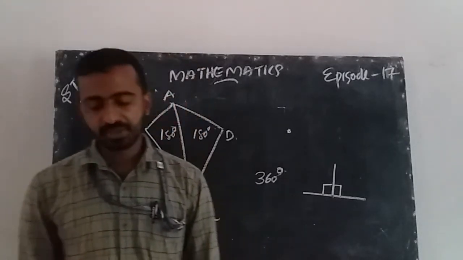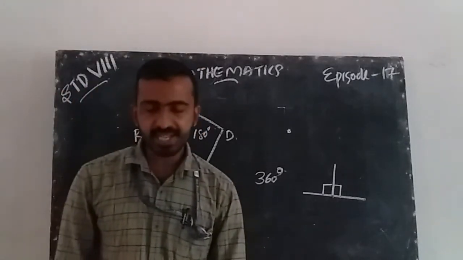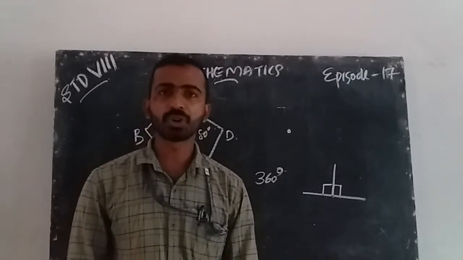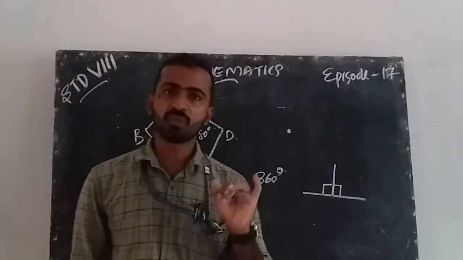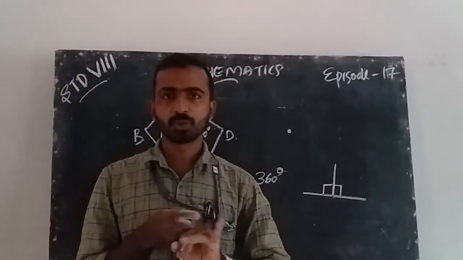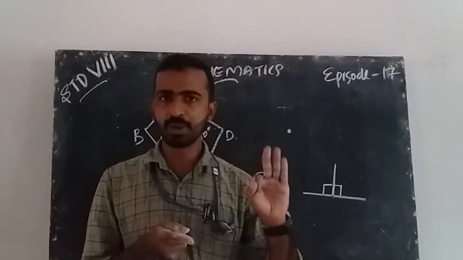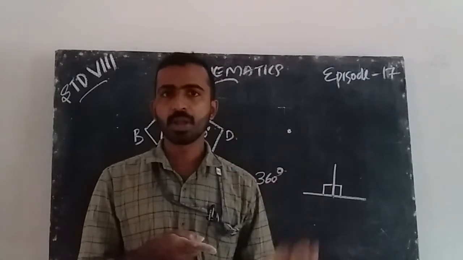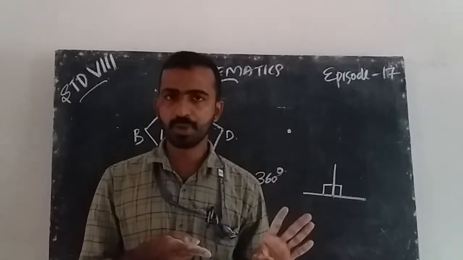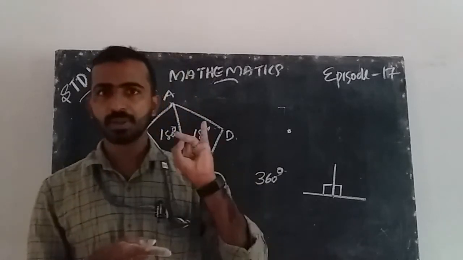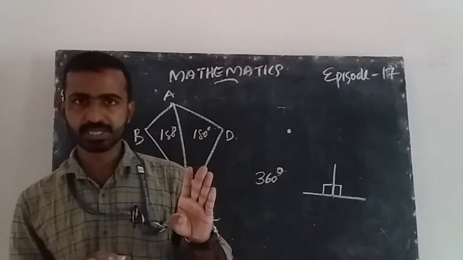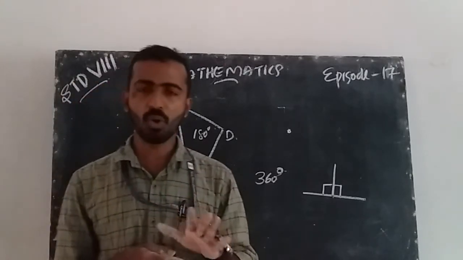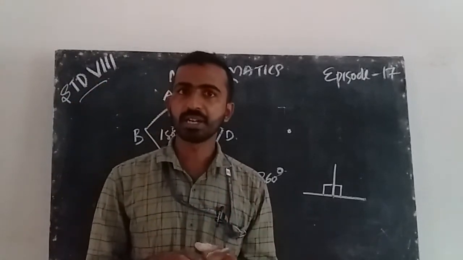Okay. Can we start our exercise 3.1? Are you ready? Now we have discussed convex polygons, concave polygons, simple curve, simple closed curve, not simple, triangle, quadrilateral, pentagon, hexagon, heptagon, octagon, nonagon, and decagon.